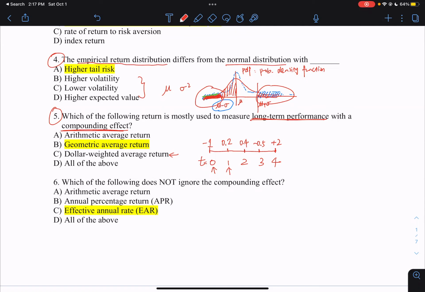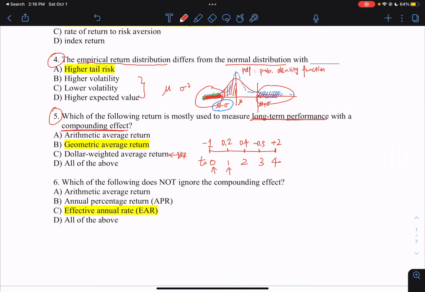The key thing here is that the IRR, or the dollar-weighted average return, in comparison with the arithmetic average return and the geometric average return, only has cash flow to get it. In other words, you observe a stream of cash flows, either negative or positive.